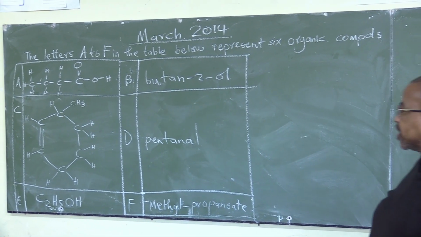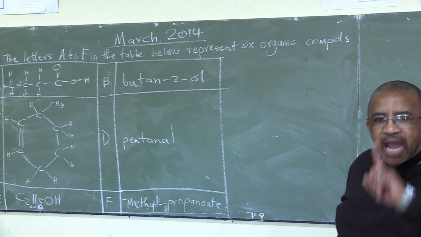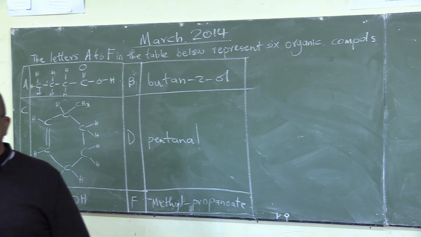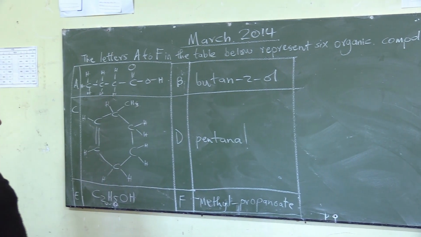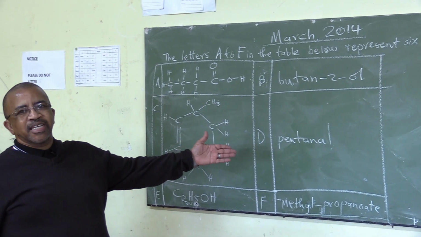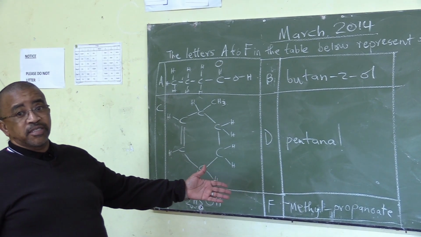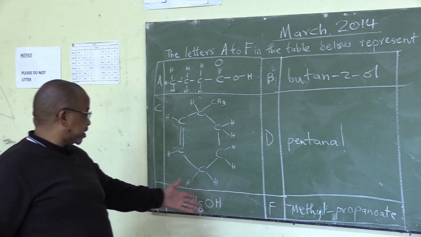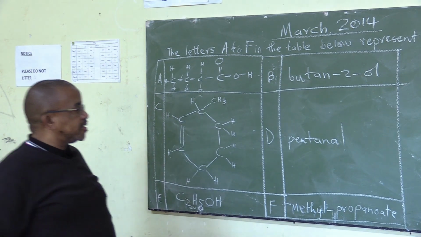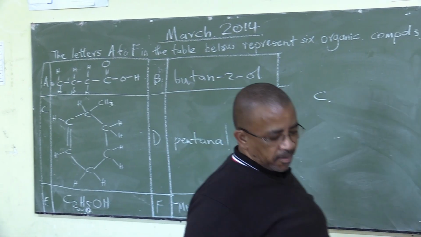Now we know unsaturated hydrocarbons are those that have double bonds between carbon atoms. Butene has a double bond between carbon atoms. Pentanal is an aldehyde, with no double bond between carbon atoms. Methyl propanoate is saturated, you cannot add to it. Ethanol too. It is C that is unsaturated, which has a double bond between carbon atoms.